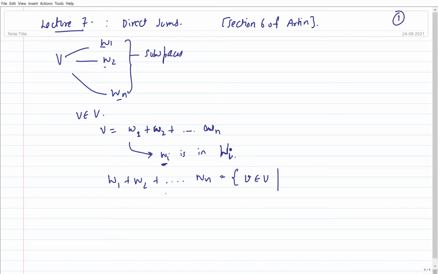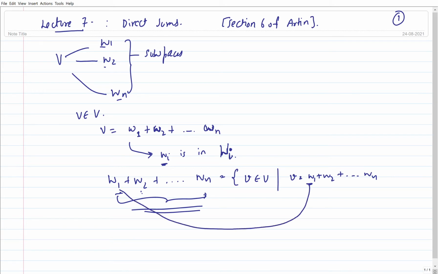Essentially it means that the space consisting of the sum of all these subspaces is the set of vectors which can be written as a sum where each of these vectors belongs to the subspaces. This belongs to this, and so on and so forth.